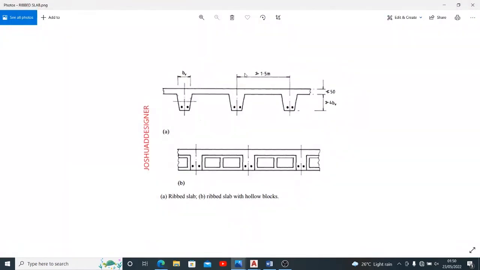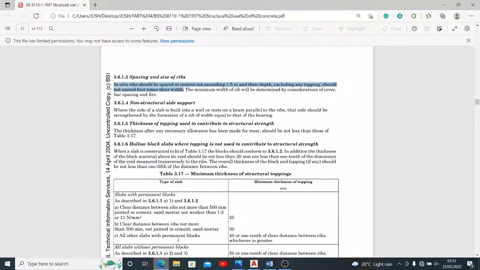So the ribs should be spaced not less than 1.5 meters. Otherwise we could say that the rib should be spaced at a distance equal to 1.5 meters or greater than 1.5 meters, right? So that is what it's saying to us. Now let's continue. He said, and their depth, that is the depth of the rib now, right?